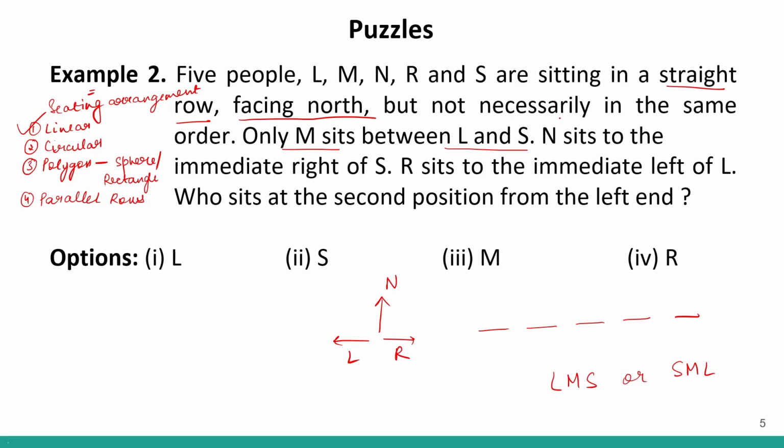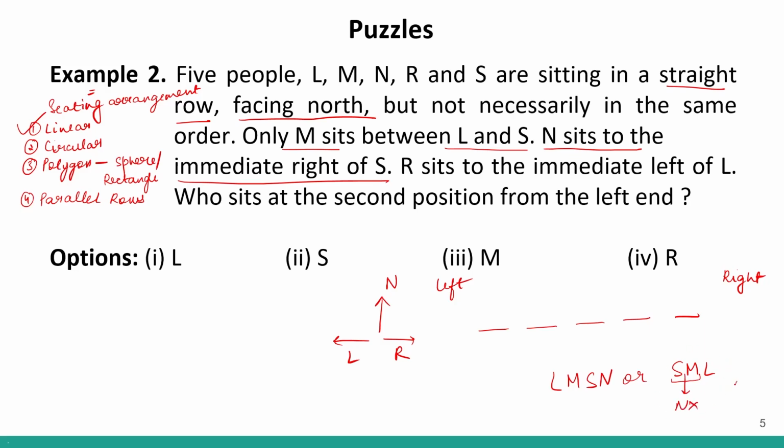Moving on to the next statement. N sits to the immediate right of S. So immediate right, this will be your left hand and this will be your right hand, correct? N sits to the immediate right, that means N will sit over here. In the second possibility, there is no space between S and M, because only M sits between S and L. So I cannot place N in this position, correct?